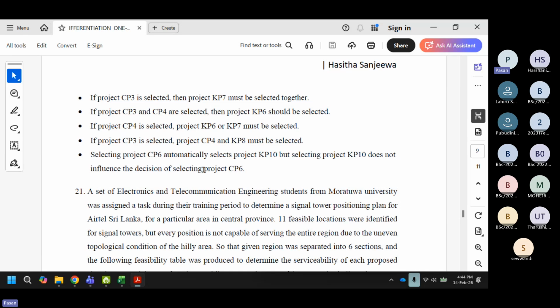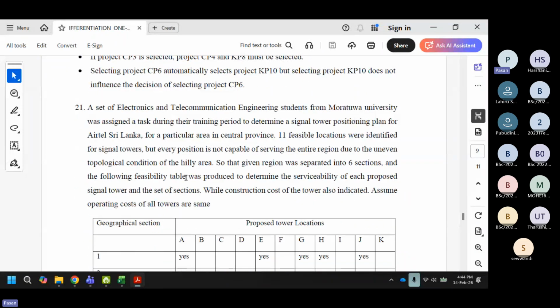And then the next time I can start on decision analysis as well. I want to discuss that topic too, so next time I will start on that topic.